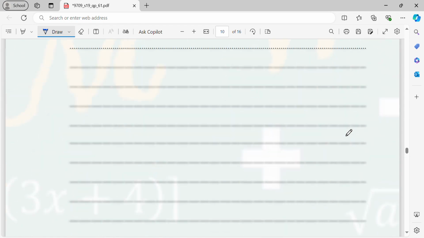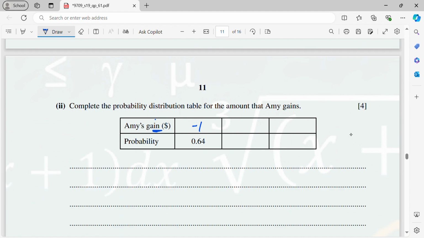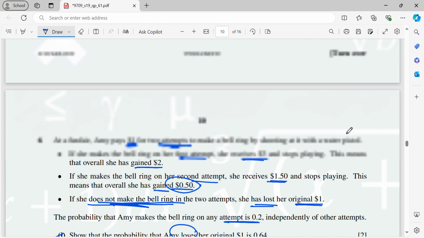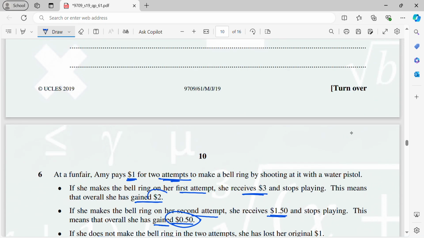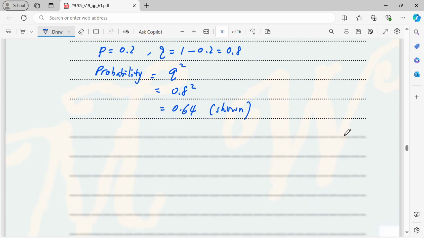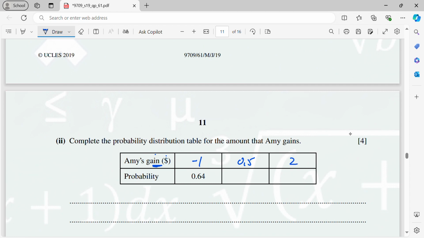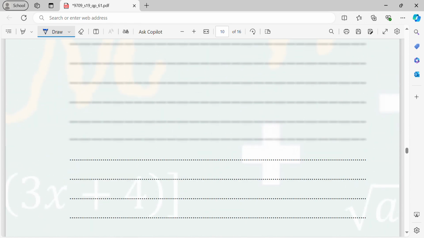So when you look at the table here, this is the dollar sign, that means 0.5. And then lastly, it will be gain $2. So gain $2. Now, when it is P gain is 0.5, that means, okay, look at here.